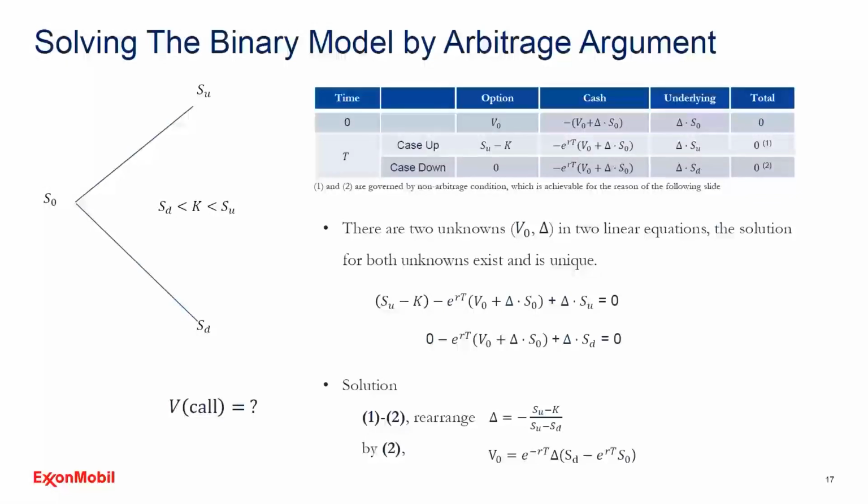Then you can use this binomial model to price a call option. The idea of the valuation is, you have two scenarios, either up or down, and you have two unknowns: one is the option value, and the other is the hedge ratio, delta. So two scenarios, two unknowns.